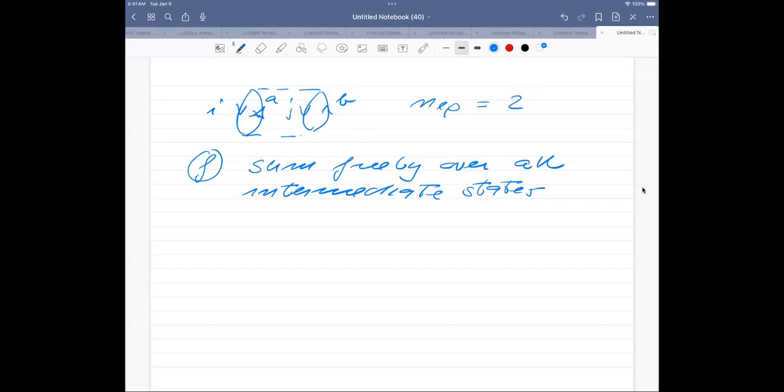And the way we actually set it up was like that. So if we look at this diagram, we have this term here: 1 divided by 2 to the power of the number of equivalent pairs. We have 2 hole lines. We have 2 closed loops. And then we are summing freely.